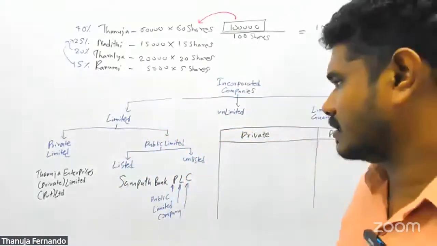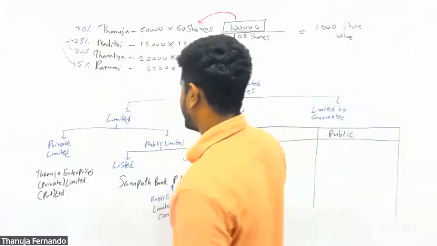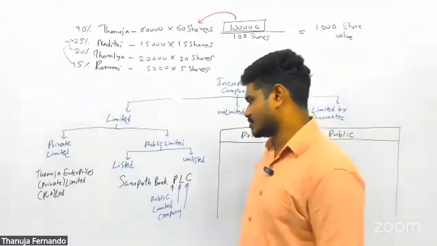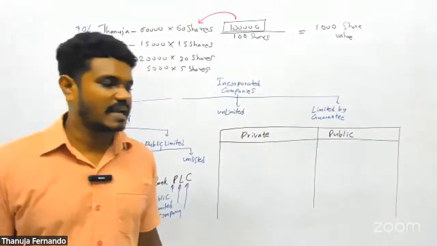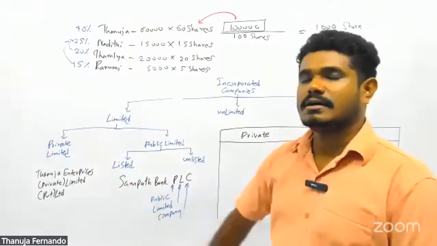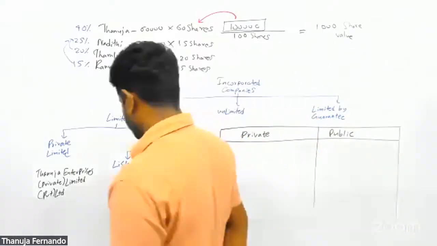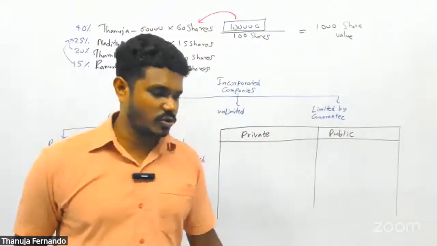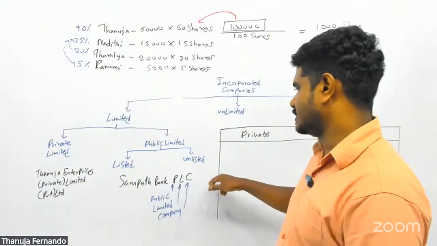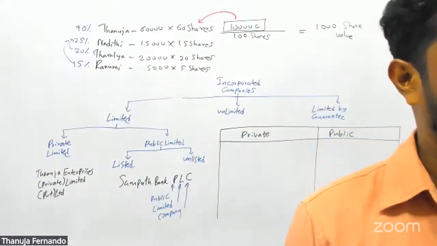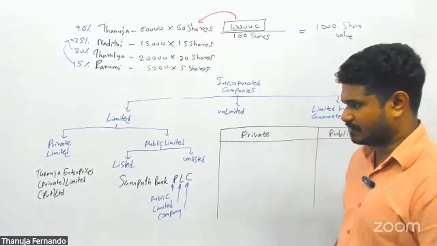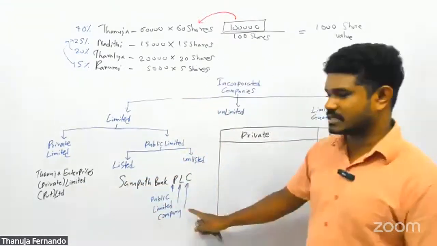Then we can consider it as an unlisted company. We can write here PVT LTD, here PLC.